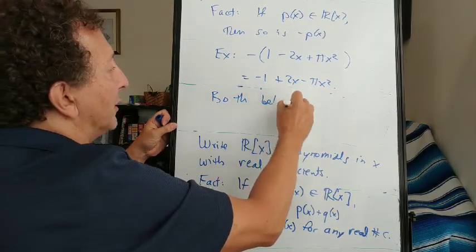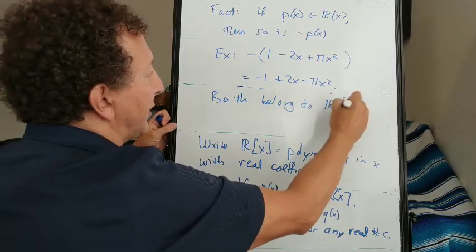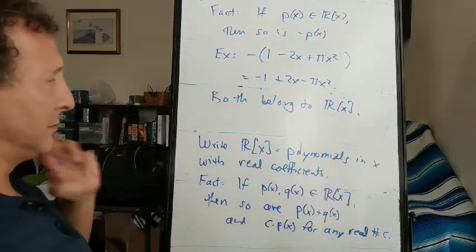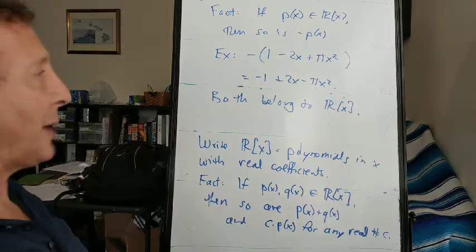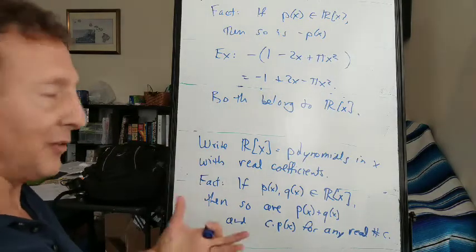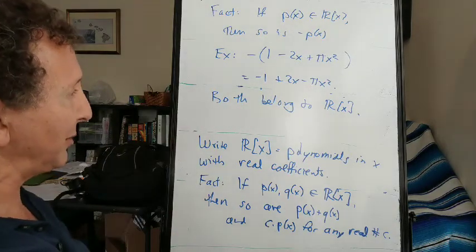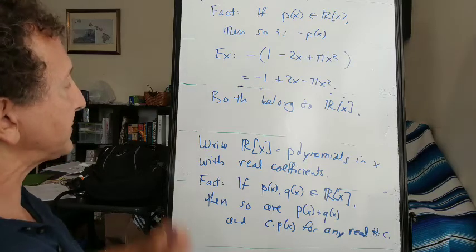And both belong to the set of polynomials in x with real coefficients. We just made the coefficients opposite, and the opposite of a real number is a real number, so it's still a polynomial with real coefficients.